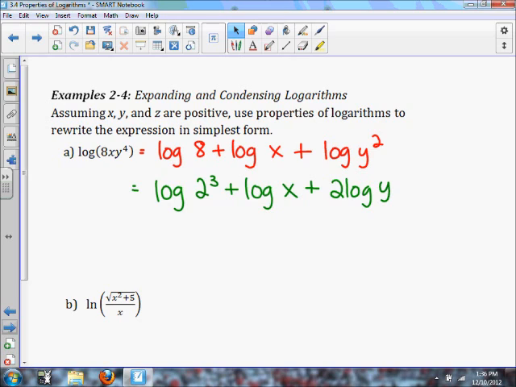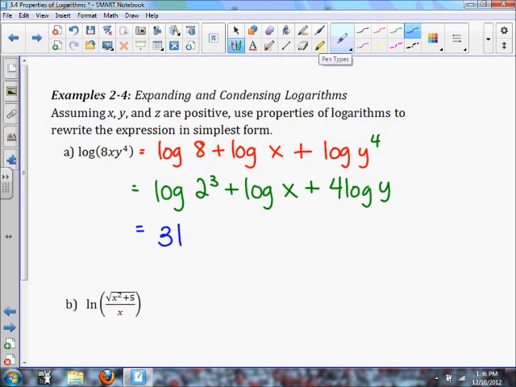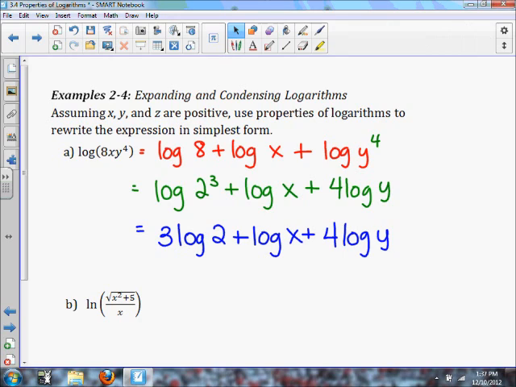Oops, I don't know where I got 2 from. It should say 4 right here. Going a little bit further, we go 3 log of 2 plus log of x plus 4 log of y. And that would be your answer.